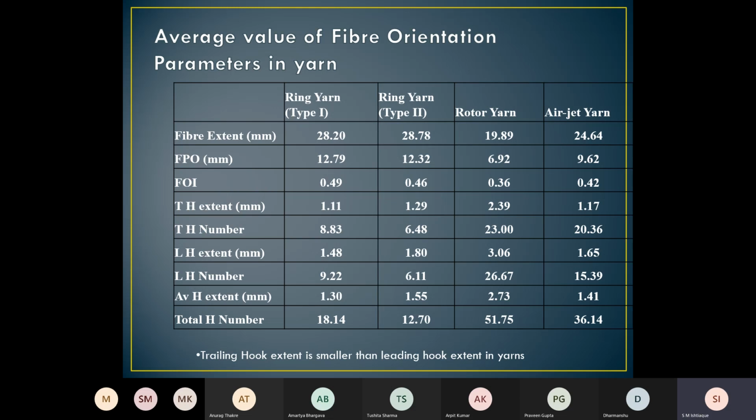So now this index again becomes very important. Of course, as I said, very little work is being done in this area, and that has to be exploited because it is a good measure which is going to define the orientation of the fiber.